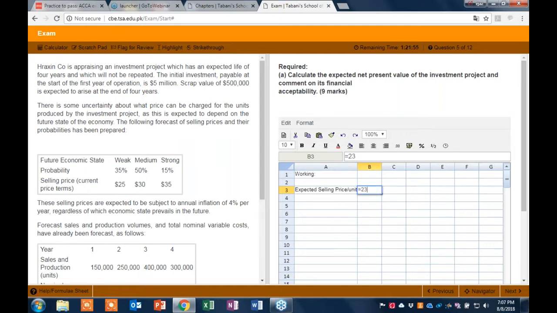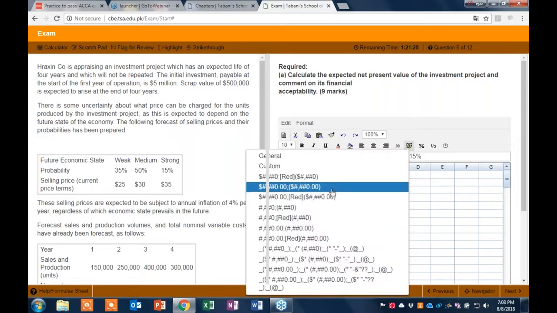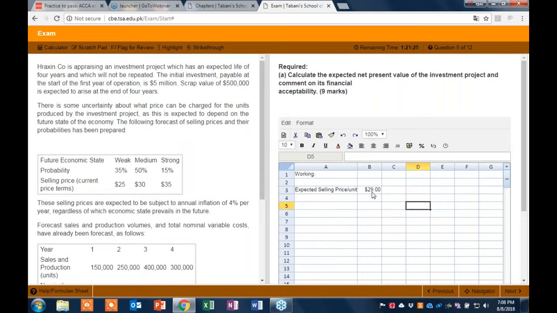So we multiply 25 with 35%. Then we pick up the next price, which is 30, and multiply it with the probability, which is 50%. Then it's 35 with the probability of 15%. Now, if we enter it, we'll get the weighted average price, which can also be called the expected price. So it's $29 per unit.